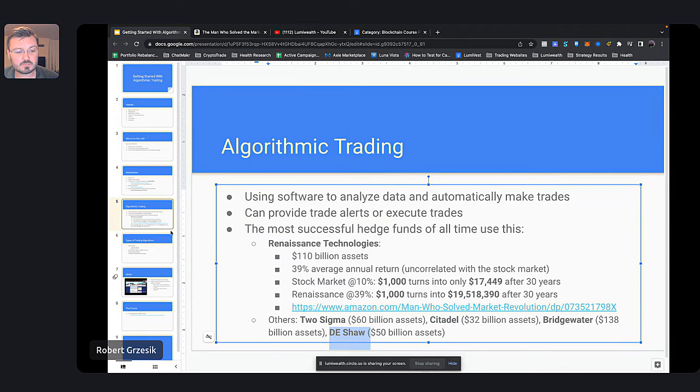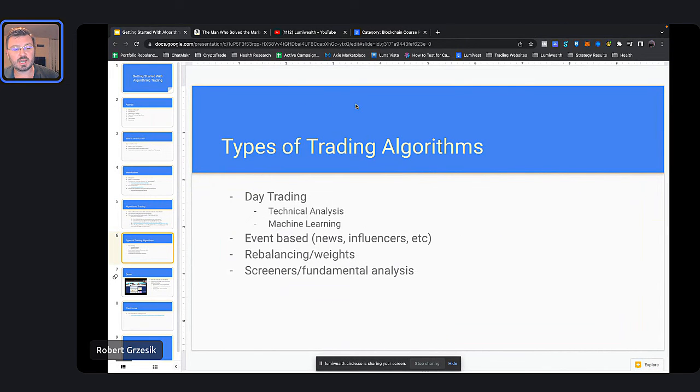All right. Cool. So that's algo trading. Let's talk a little bit about the different types of algorithms that you can build, because I think there's a misconception about this. I think most people, when they think algo trading, think day trading. You can definitely use algorithms to do day trading. Absolutely. That is one thing that you can do with it. There's two different ways that you can do that.